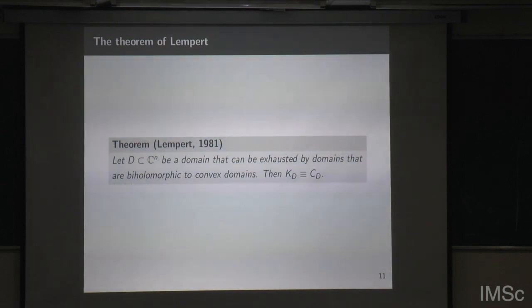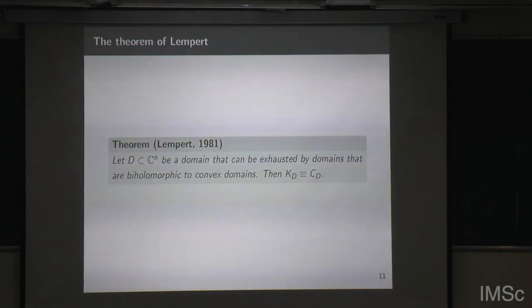If the domain can be exhausted by domains biholomorphic to convex domains, that means you can write the domain as a union of Omega n, let us say, where each Omega n is biholomorphic to a convex domain, then the Kobayashi pseudo distance and the Carathéodory pseudo distance agree. It does not matter, countably many.